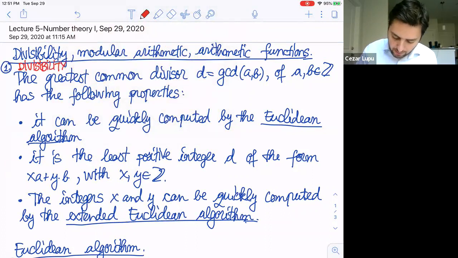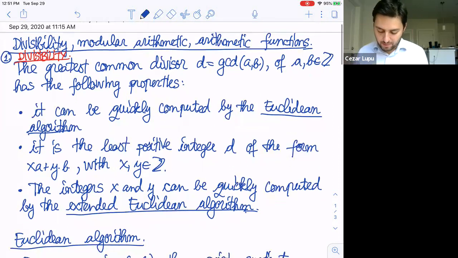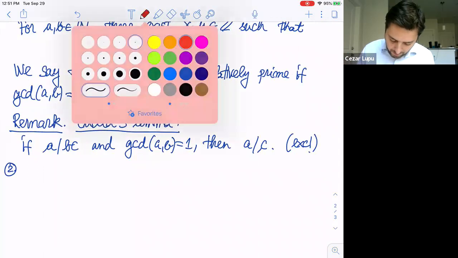Because I would like to separate the three. I would like to talk about divisibility first, then arithmetic functions. Although it's written last, I would like to talk now about arithmetic functions. So the second part is arithmetic functions.